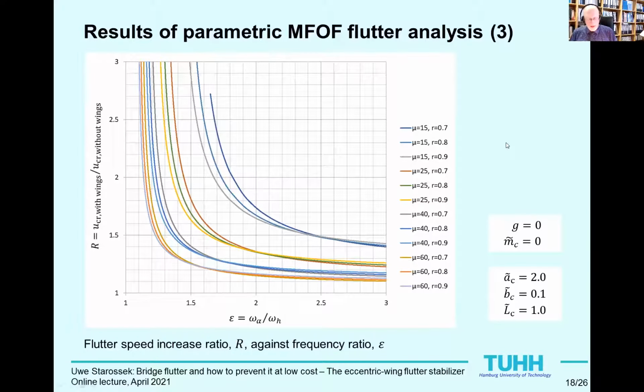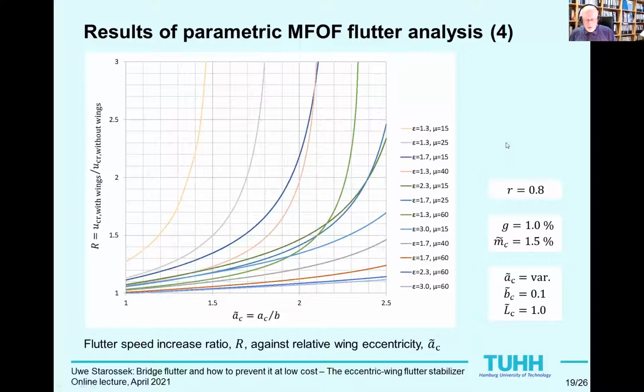In the next diagram, the flutter speed increase ratio is plotted against the relative wing eccentricity AC tilde, now for selected values of frequency ratio epsilon and mass ratio mu, the other parameters being set at fixed values.